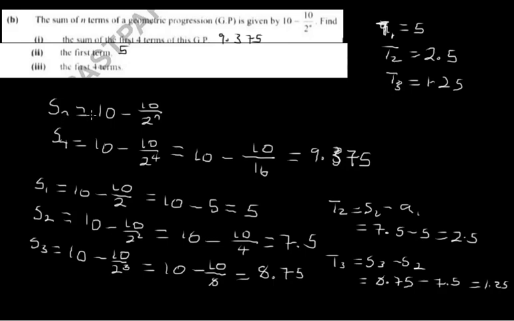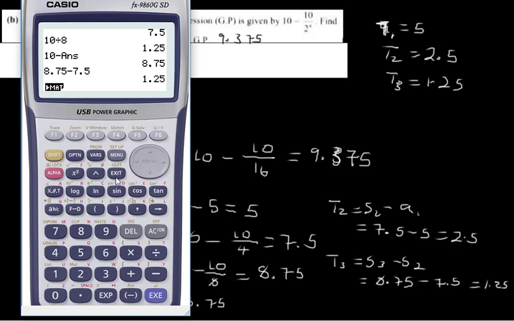And to find the last term, which is the fourth term, we'll simply say the sum of the first 4 terms minus the sum of the first 3 terms. The sum of the first 4 terms is 9.375, which we found there. 9.375 minus 8.75, which is the sum of the first 3 terms, and according to our calculator, this gives us 0.625.